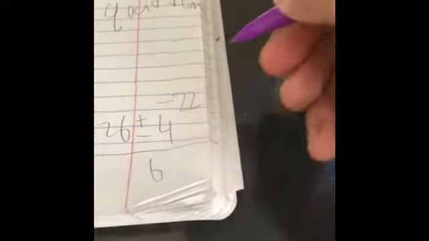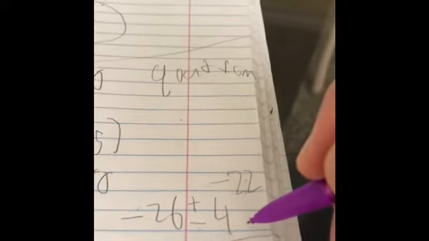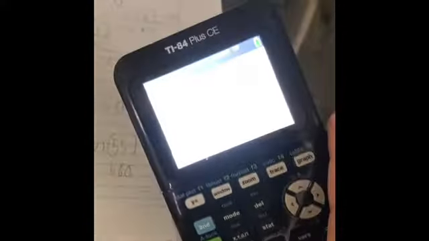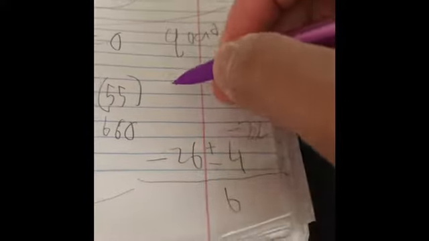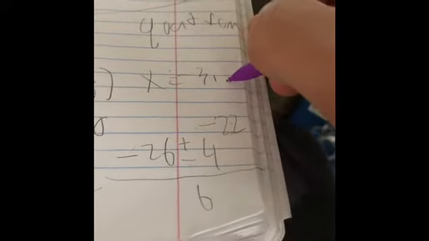Negative 22 divided by 6 is, I did that on my calculator here, if this can focus, sorry, negative 3.6 repeating, which rounds to negative 3.7. So one of our answers is x equals negative 3.7.